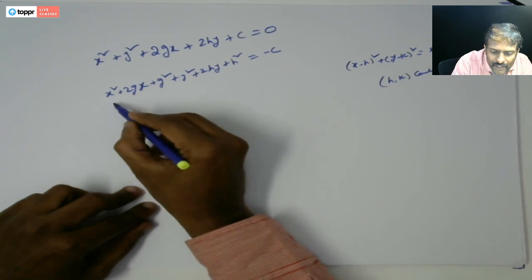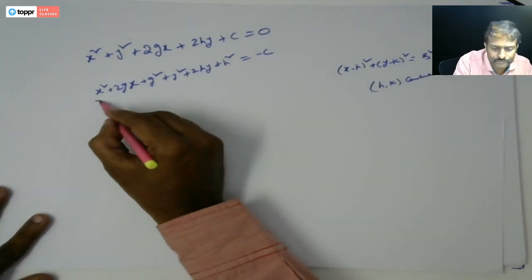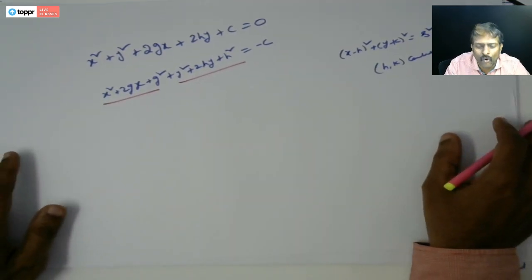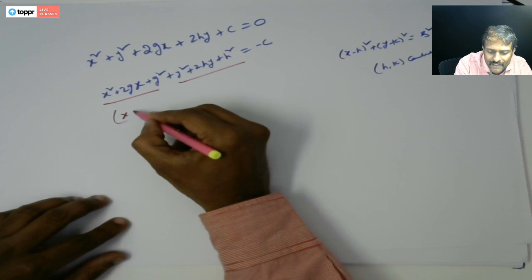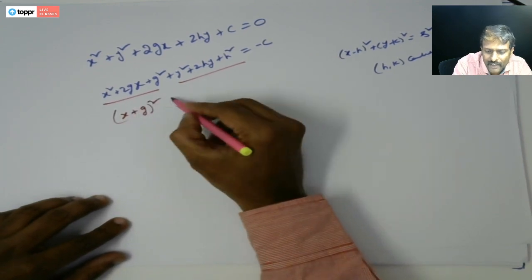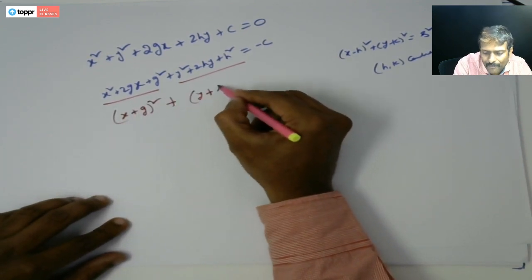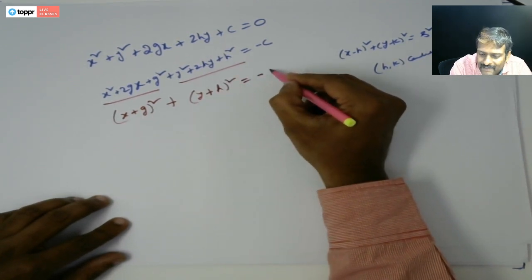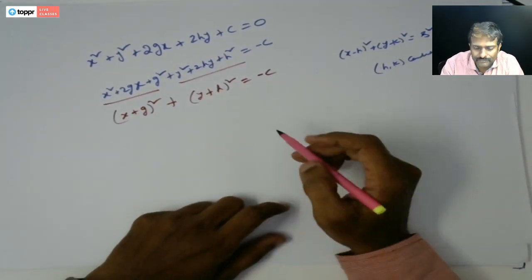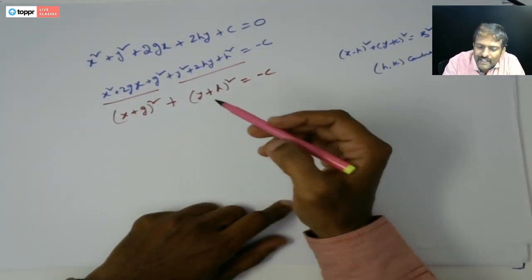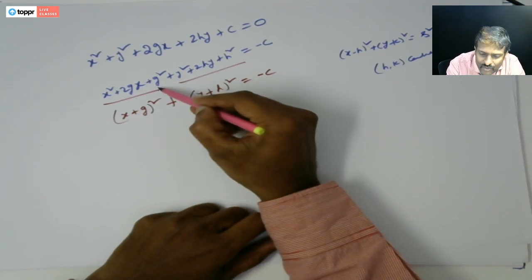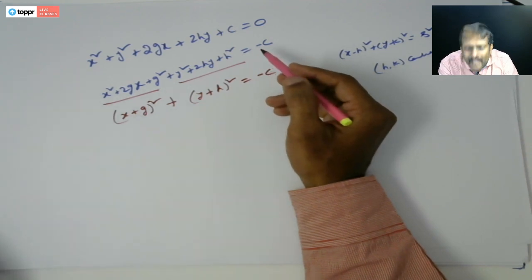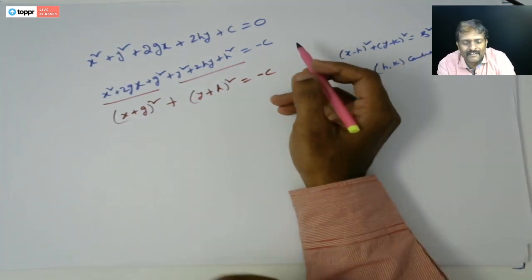So now if you look at this one here and this one here, these are in the form of a plus b whole square. So this can be written as x plus g whole square plus this can be written as y plus h whole square, which is equal to minus c. Right, now if you look at this carefully, we have added g square and h square on the left hand side of the equation without caring what is there on the right hand side, right?